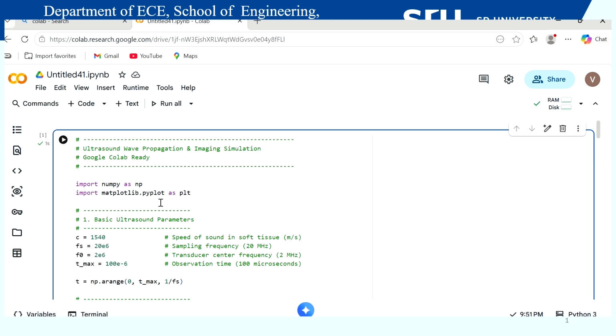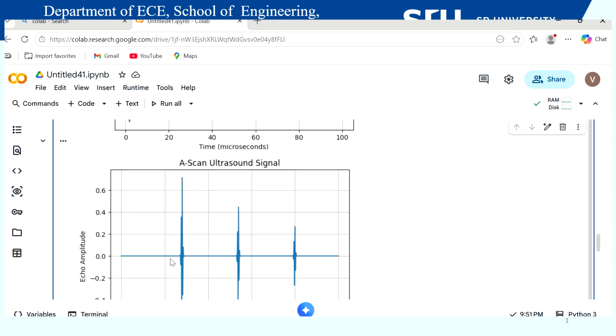Simulation of ultrasound wave propagation and ultrasound imaging. This experiment includes ultrasound wave propagation simulation, echo generation from tissue boundaries, A scan imaging, and simple B scan image formation. We can copy and run this directly in Google Colab and get the output.